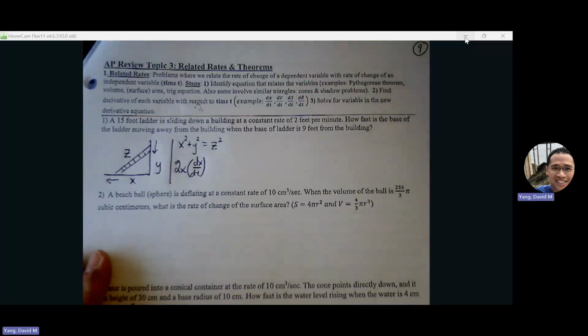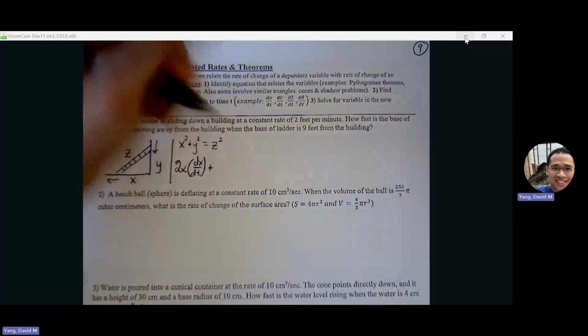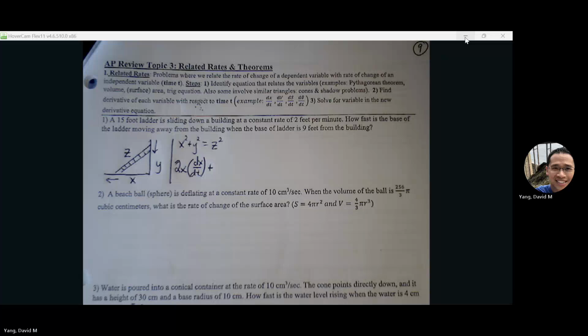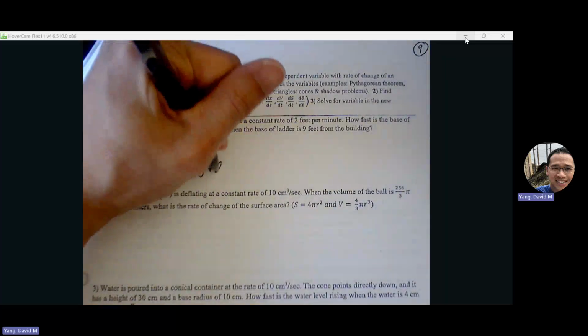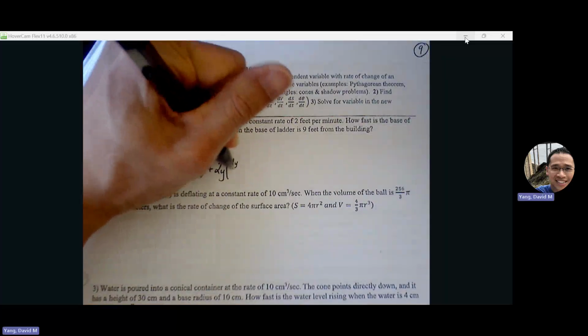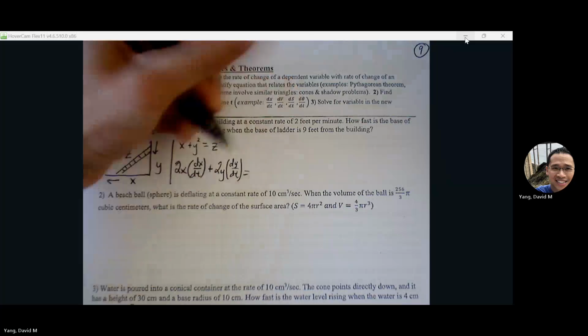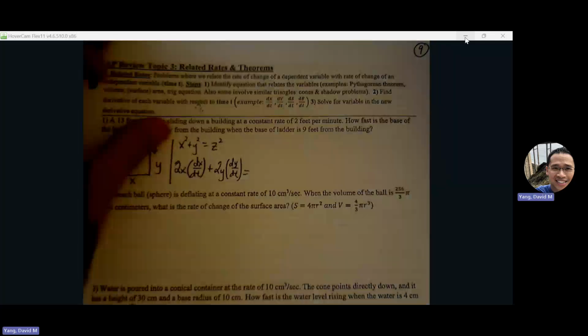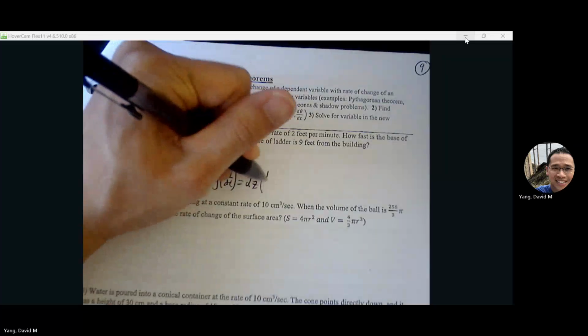So every variable is going to have a d over dt for that variable, okay? Plus y squared becomes 2y dy/dt. And then z squared becomes 2z, and then dz/dt.